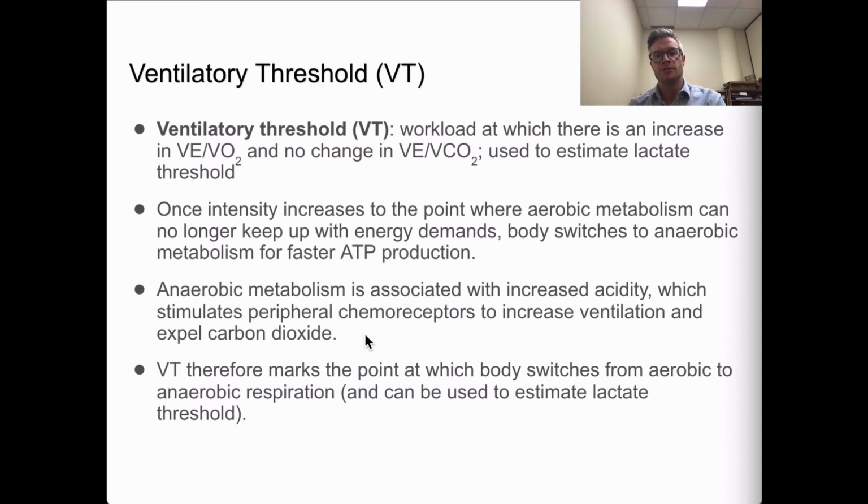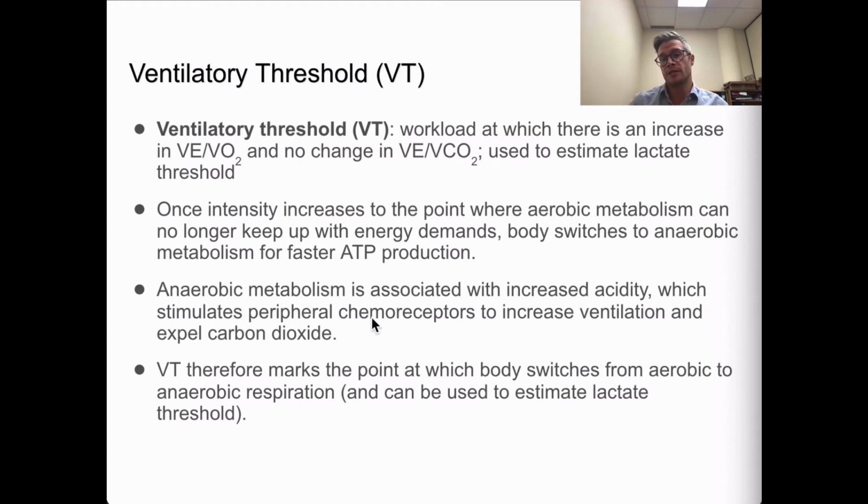One of the reasons for all of this is that our anaerobic metabolism, glycolysis in particular, produces a lot of protons, so it makes acidic conditions, for example lactic acid, and that stimulates our peripheral chemoreceptors in our blood, which increase our ventilation in order to expel carbon dioxide, right?